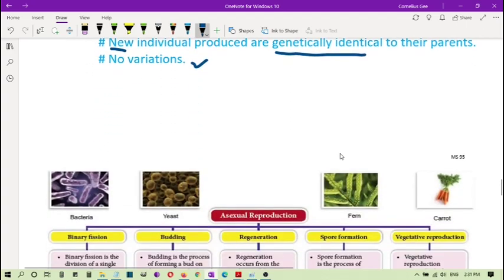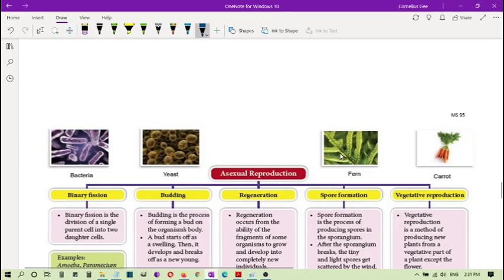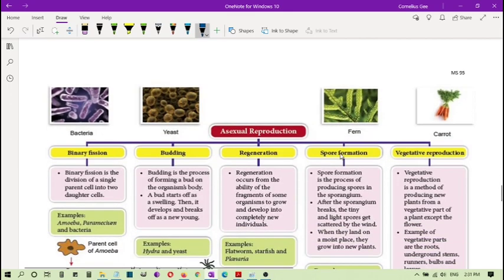Now in your textbook on page 95, you have a summary of the different processes of asexual reproduction. Take note that simple organisms use binary fission, budding, and regeneration.